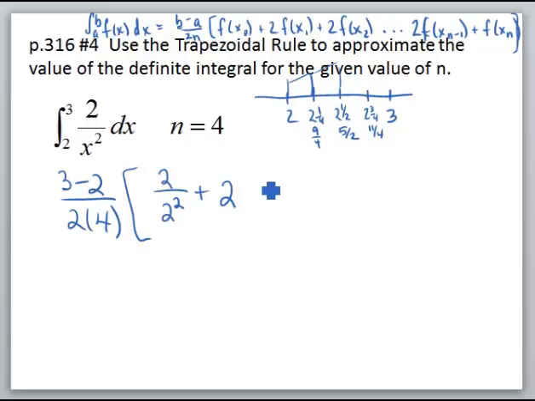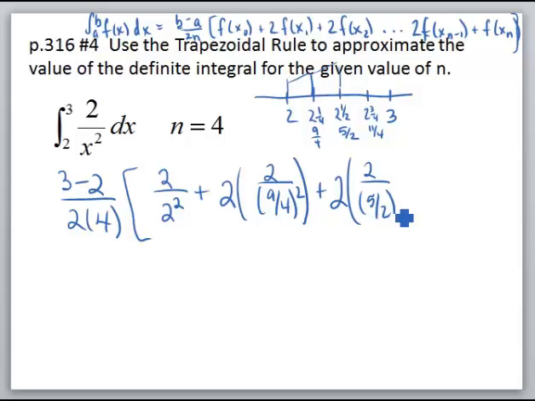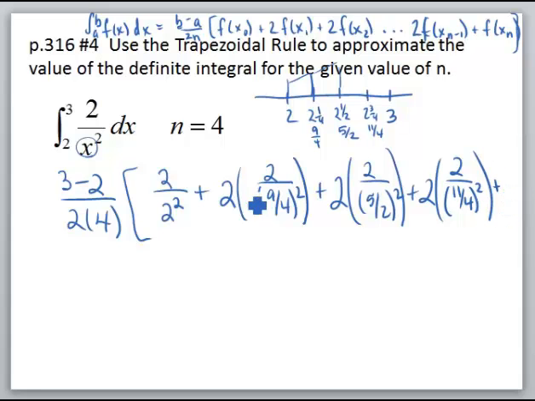So I'll be saying 2 divided by, I'll put 9/4 squared here, plus I have 2 of the next ones. So it'd be 2 over 5 halves squared. And all I'm doing is taking these values and plugging them in over here for x, okay? Plus 2 times 2 over, this would be 11/4 squared. And then plus, I'm going to plug in the 3, so it'd be 2 all over 3 squared.